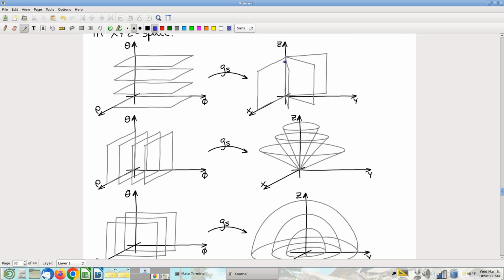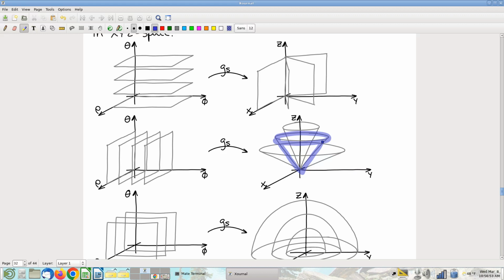This is a constant value of theta, just like it was in cylindrical coordinates. They get a little weirder. This represents a constant value of phi. That's weird. Our slice there is curved. Very strange. Well, you can imagine yourself taking a knife and maybe holding it at an angle and kind of working your way around or something.